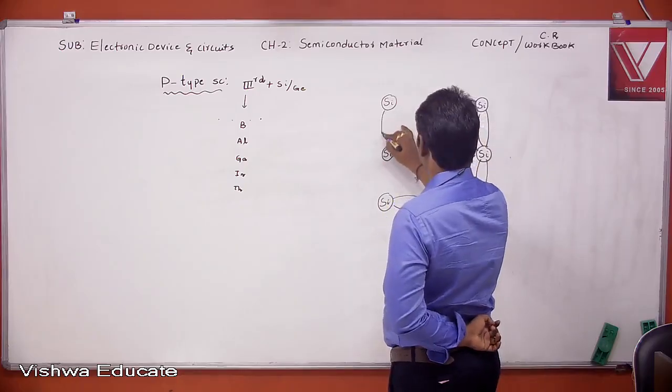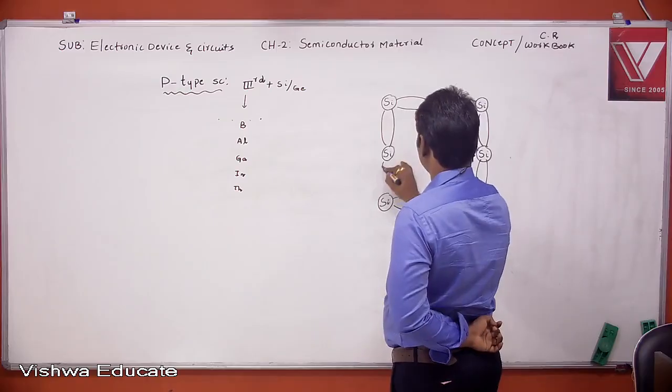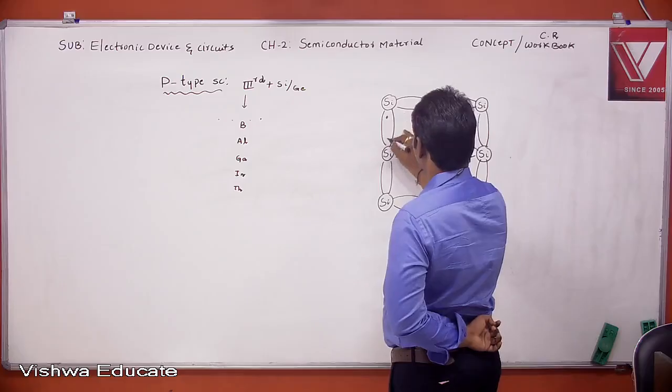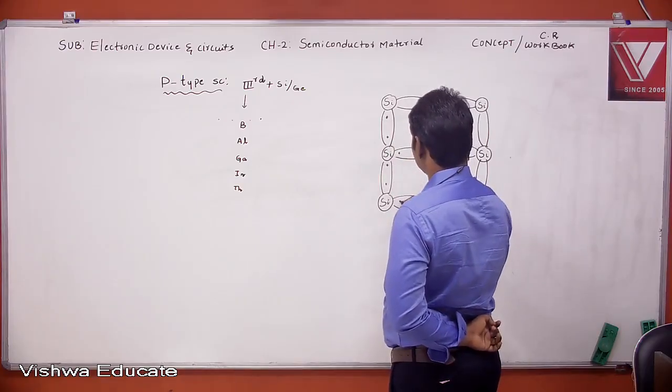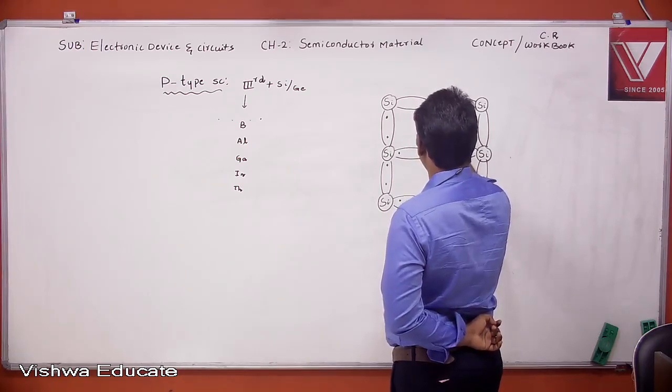Example: boron, aluminium, gallium, indium, thallium.